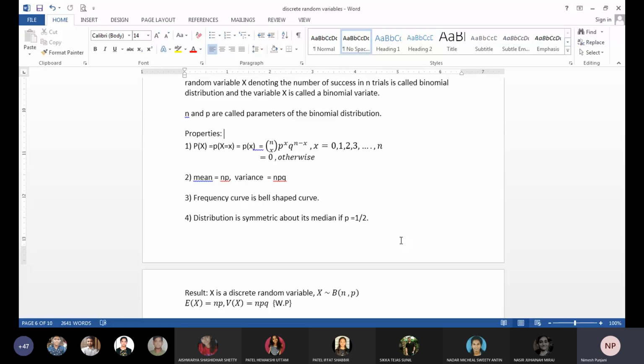That means for any value other than 0 to N, your P of X will be 0.